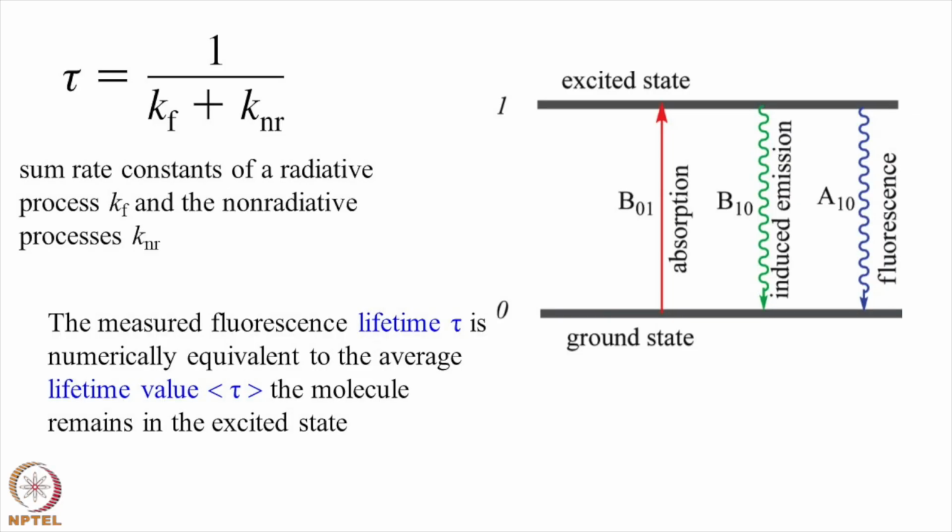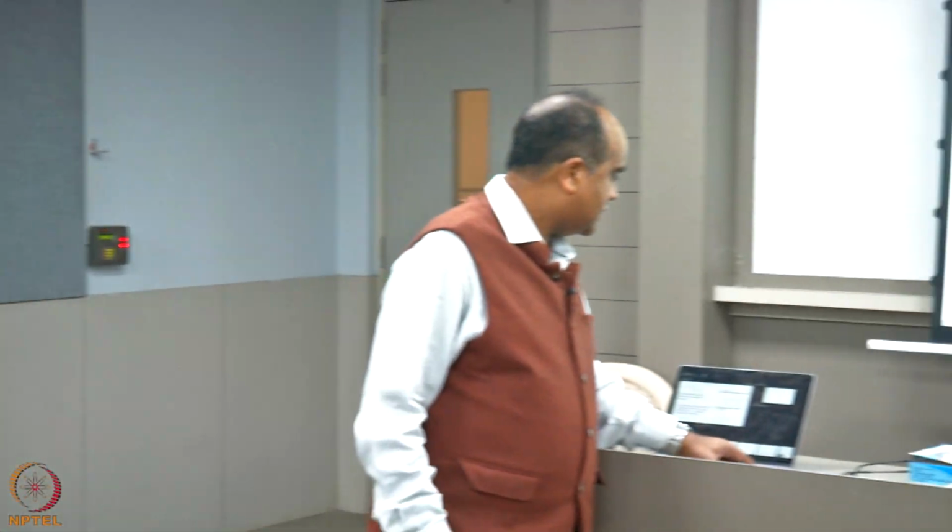So, it is the sum of the rate constant of the radiative process Kf and the non-radiative process Knr, and the measured fluorescence lifetime tau is numerically equivalent to the average lifetime value that we have. So, you can take it as the average time the molecule remains in the excited state.